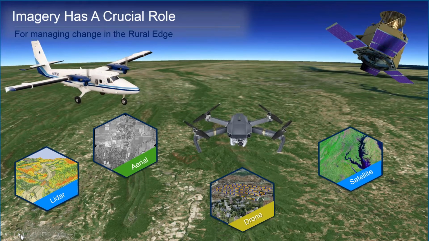LiDAR can be used on the airborne platform as well as terrestrial platforms. Aerial imagery, of course, a lot of people are familiar with. Drone imagery is becoming very popular. And then there are the satellites. Each of these has a very strong contributing purpose for imagery capabilities in the rural edge.